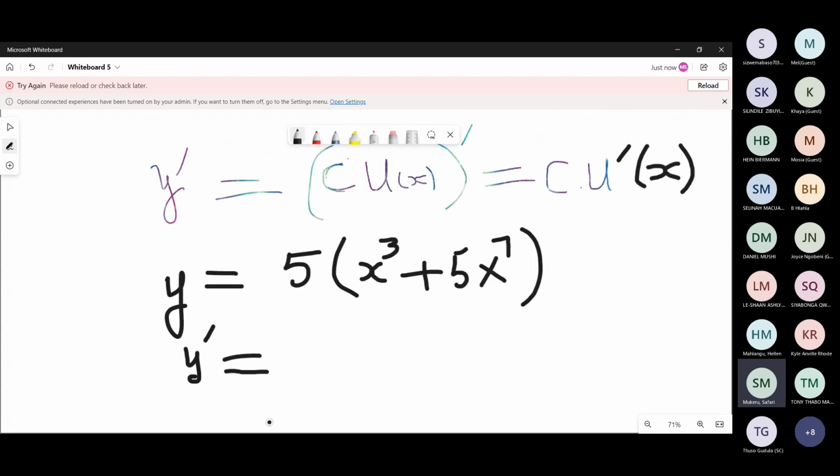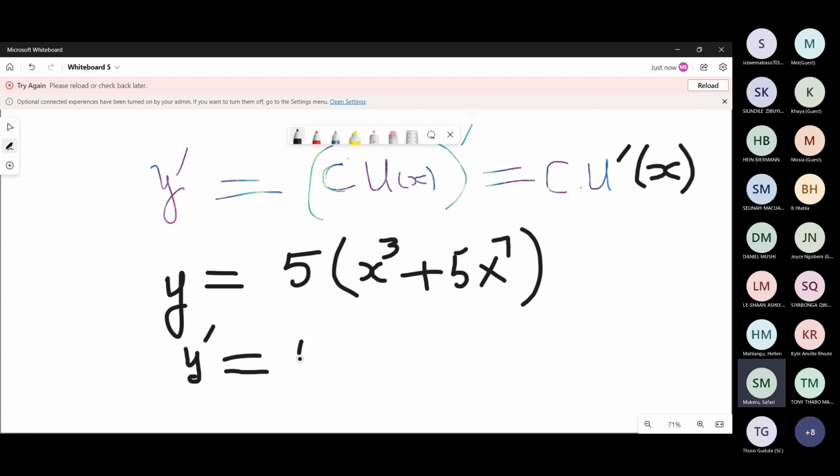Kaya, can you apply this formula? You see here we have a constant. C is a constant, a number, a fixed quantity, right? And we multiply by this function x power 3 plus 5x^7, right? How do you then compute this? Here you see the formula. We keep C unchanged. The constant remains unchanged.